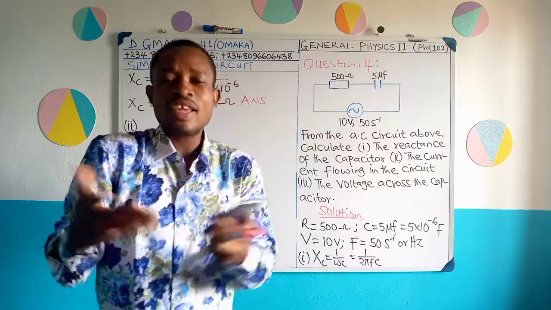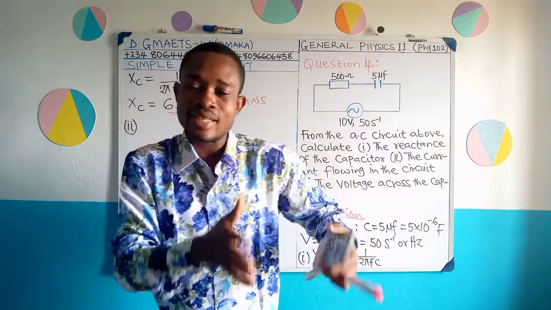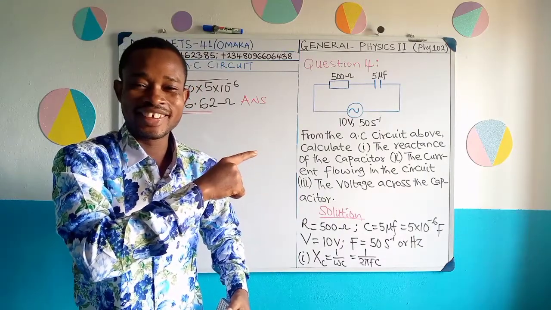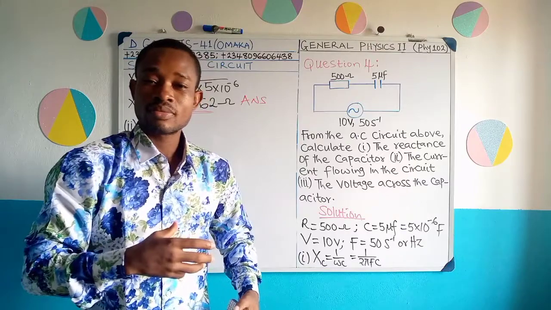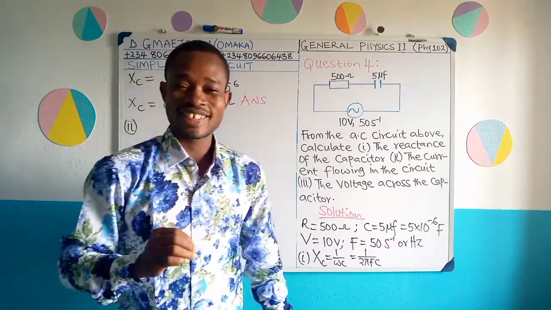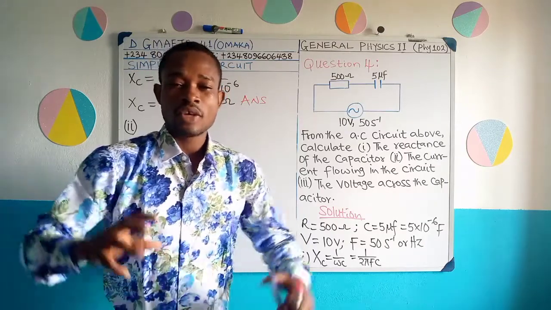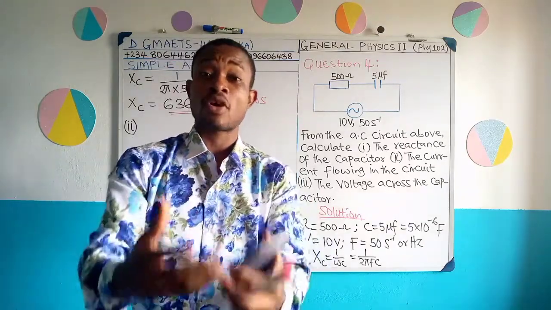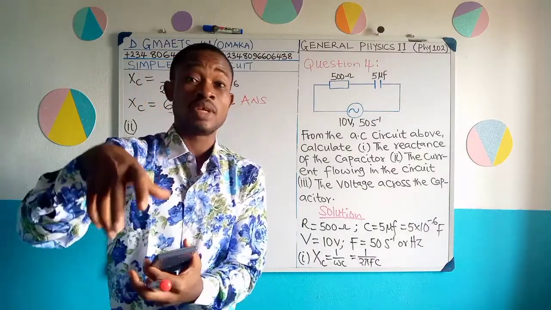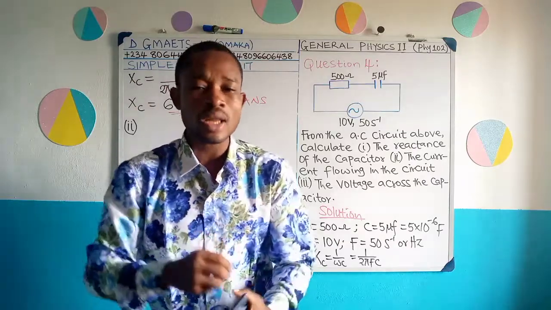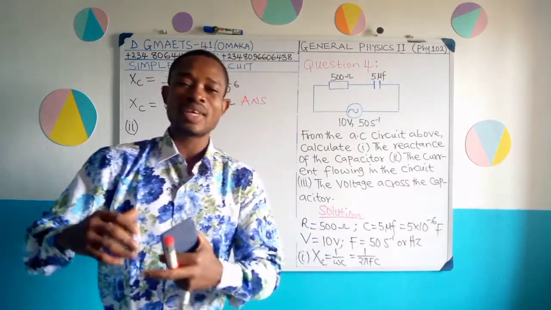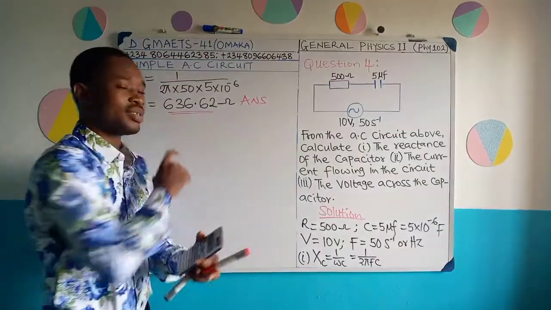You use that R if the circuit is simply a resistive circuit. But friends, take note of this: this circuit is not only a resistance circuit. It contains resistance and capacitance. So the opposition offered to the flow of current here, which is going to be the denominator when dealing with Ohm's law, V over the denominator, is no longer going to be resistance, R, and it is no longer going to be capacitive reactance, XC.